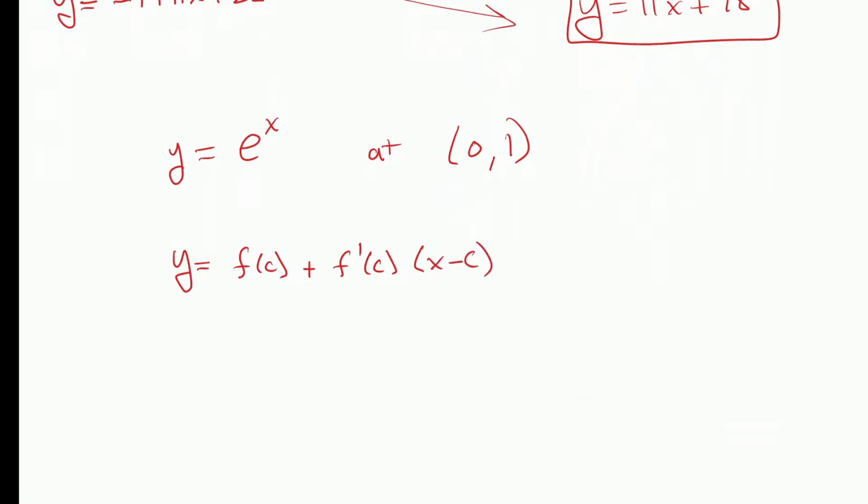That's the linearization formula. So take a minute and write down the equation for the tangent line to y equals e to the x at the point (0, 1). It's actually an interesting answer to me.